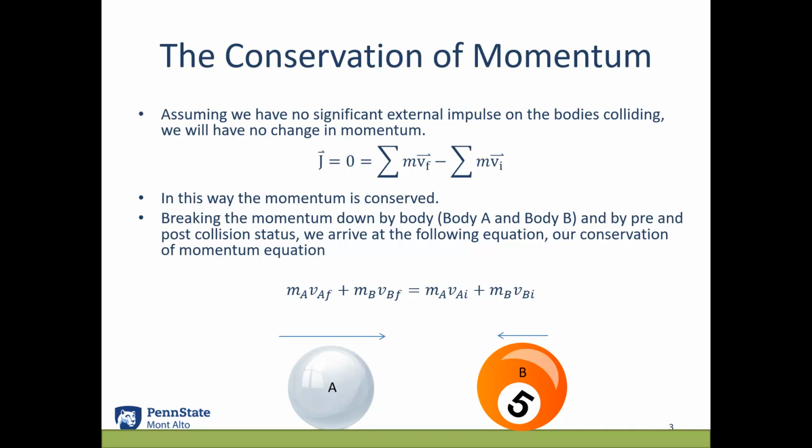So if I know some of the final and some of the initial states, I can use this particular equation, and this is known as the conservation of momentum equation. And this one right here is just for a single dimension. So right now we're just worrying about a single dimension. We'll expand this into two dimensions later on.